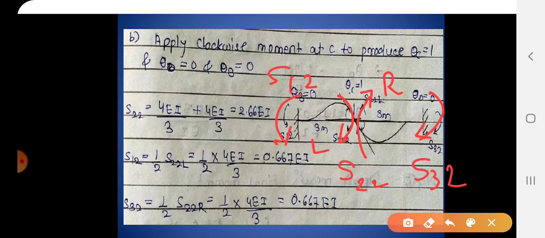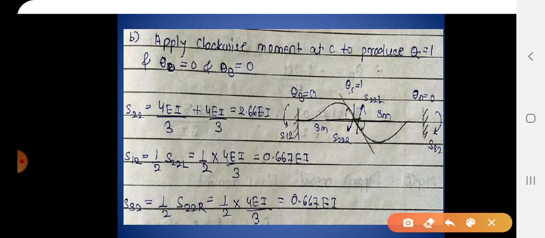Because B is the position of the first redundant, I is equal to 1. C is the position of the second redundant, I is equal to 2. And D is the position of the third redundant, I is equal to 3. So S12, S22 and S32.